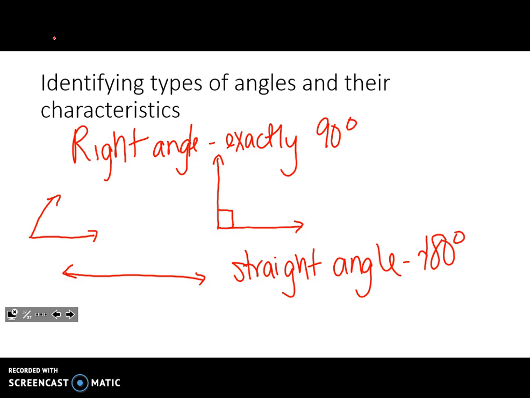So you saw with an acute angle, I use that half moon looking symbol. That tells us that we're measuring the angle. So if I use that here and I said, what's that angle measurement? You would tell me it's 180 degrees because it's on a perfectly straight line.